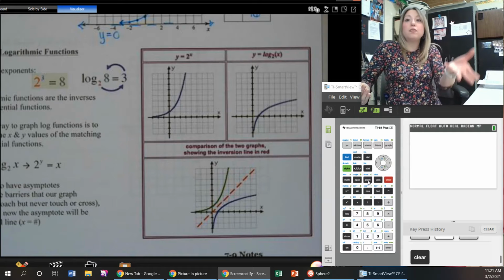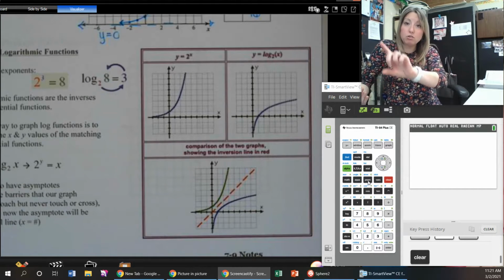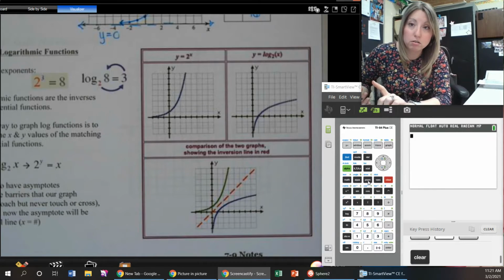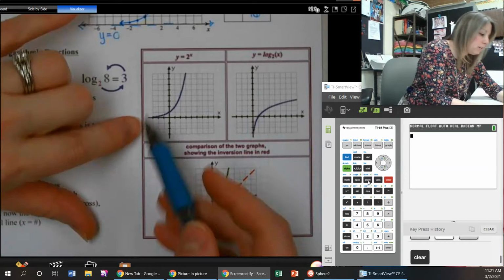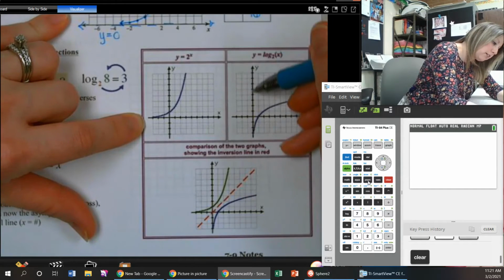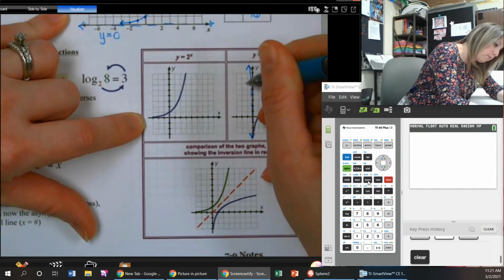If you've done the inverse, flipping the x and y, that also means the asymptote has been flipped. So the asymptote on our graph was y equals 0. Now the asymptote on our graph here is x equals 0.